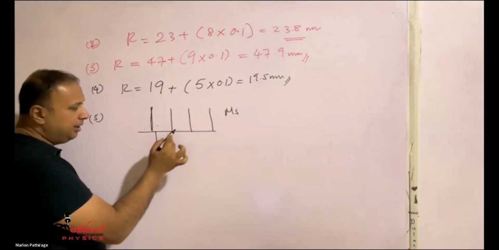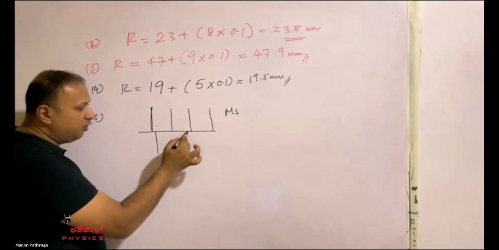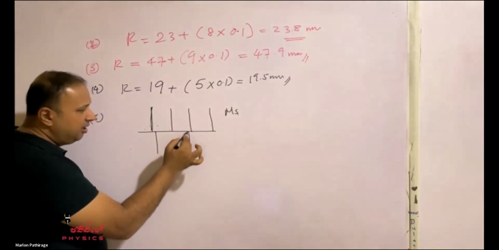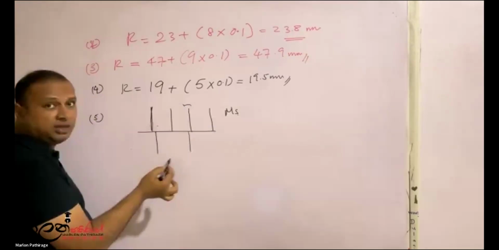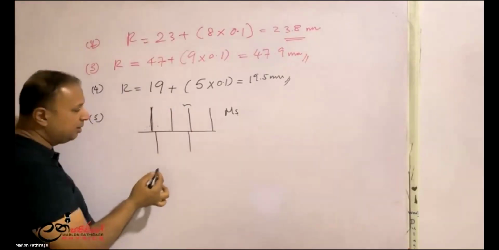And then the mark after the overlapping point should be to the left side of the main scale.